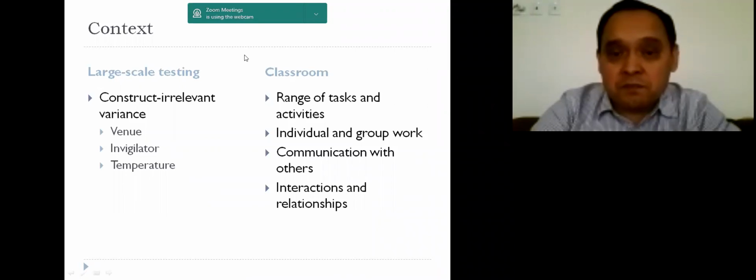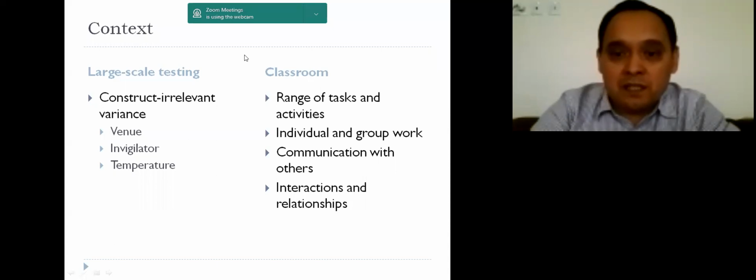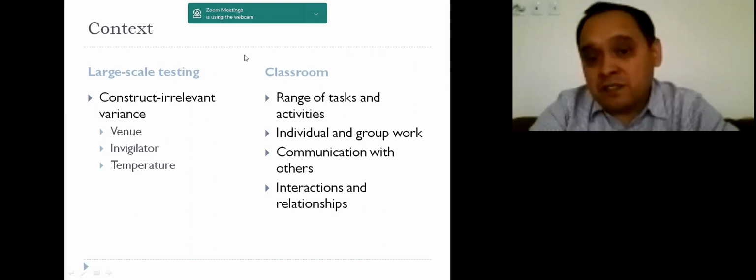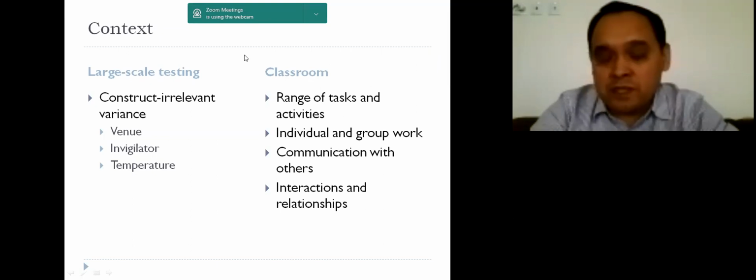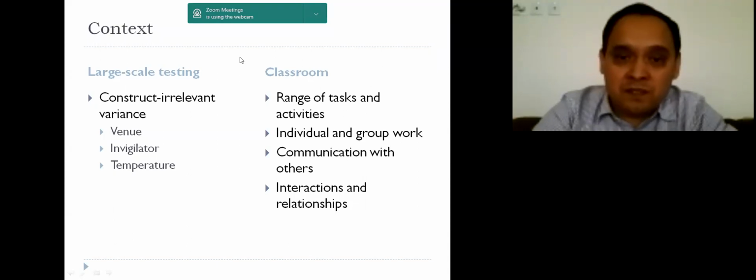However, in the classroom, the context is everything that is supposed to support learning. Like, for example, our classroom assessment practices include a lot of tasks and activities, different types of tasks and activities based on which we assess our students' learning. Students also work with each other in group tasks, and sometimes we give them individual tasks.